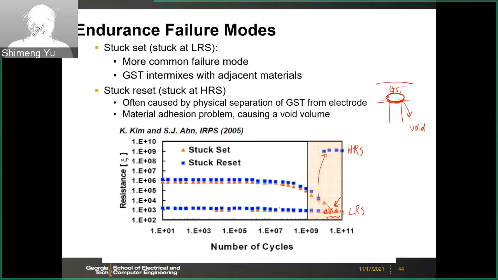Means nothing here. If you have nothing here, this is like an open circuit, right? Then you are stuck at the HRS state due to the material adhesion. Then you may create this void. So both modes are possible in the phase change memory. But typically the endurance is about 10 to power 9 cycles.